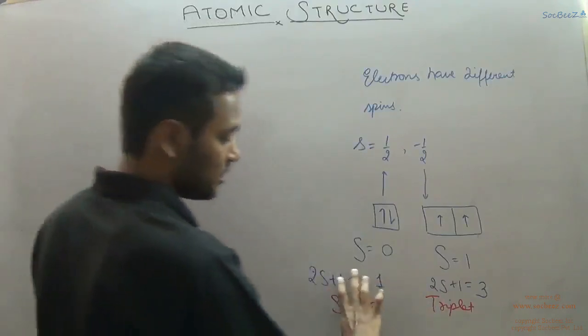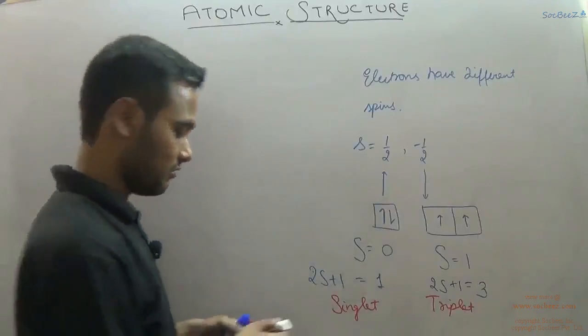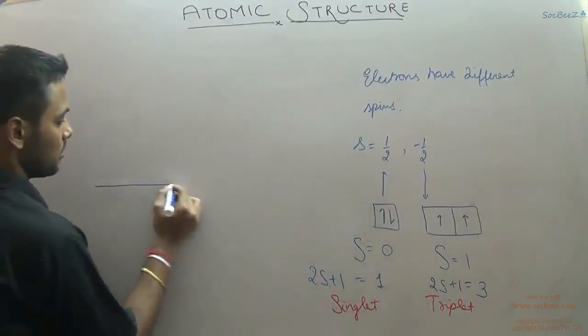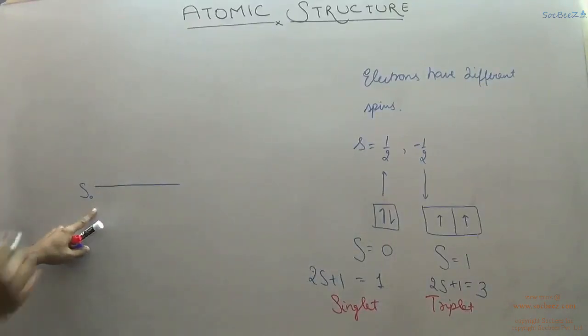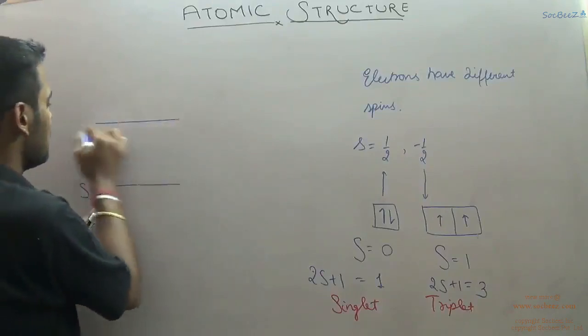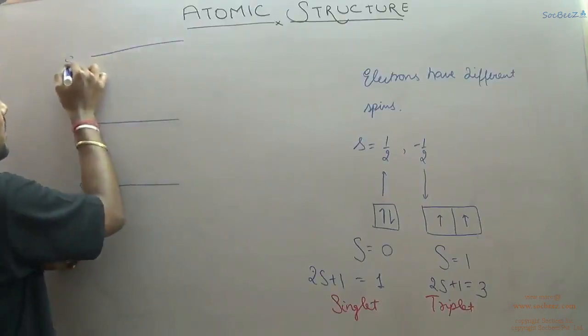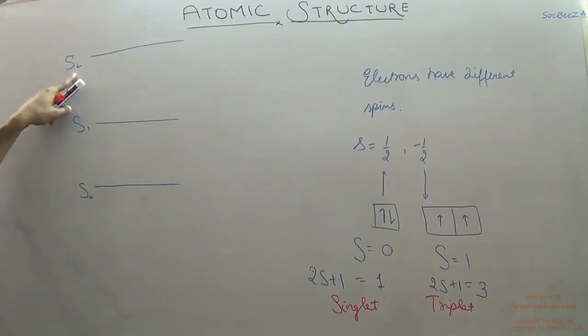Now these singlet and triplet character of electrons have different energy levels. Suppose this is S0, it means singlet ground state. This is first excited state of singlet. We have discussed what excited state is. This is second excited state of singlet, S2.